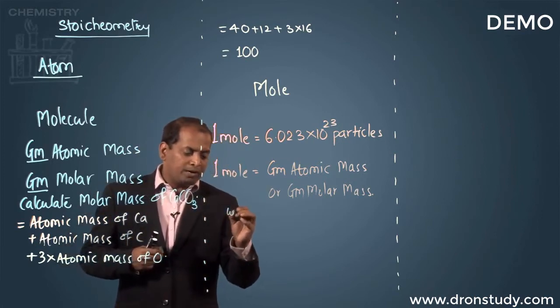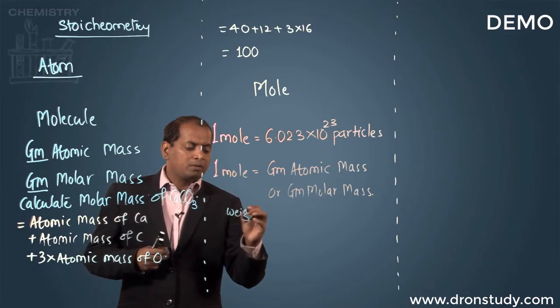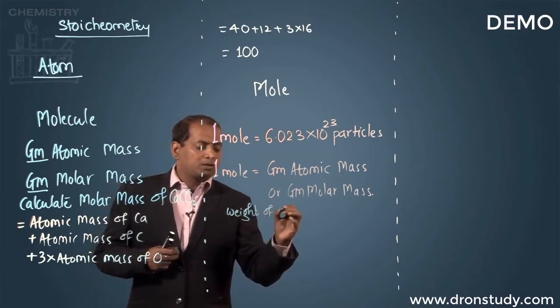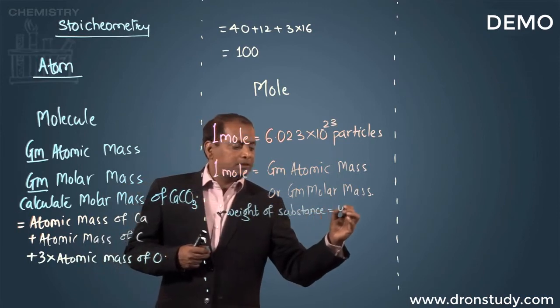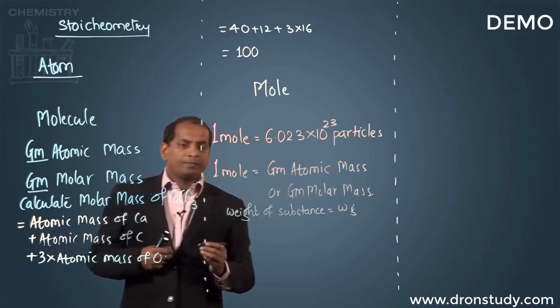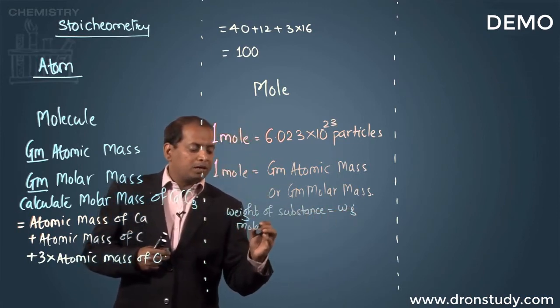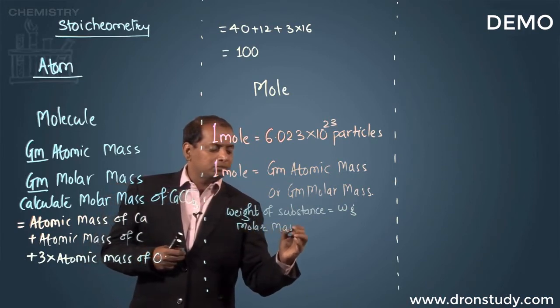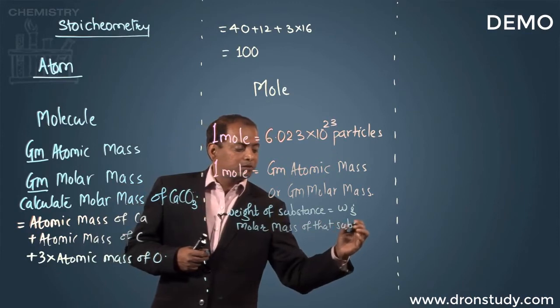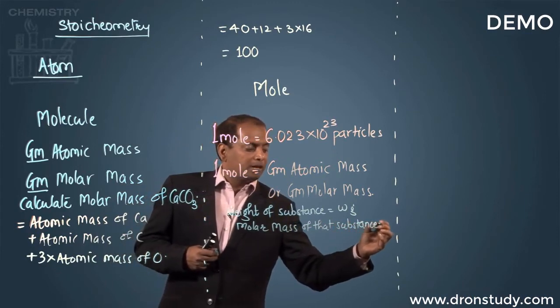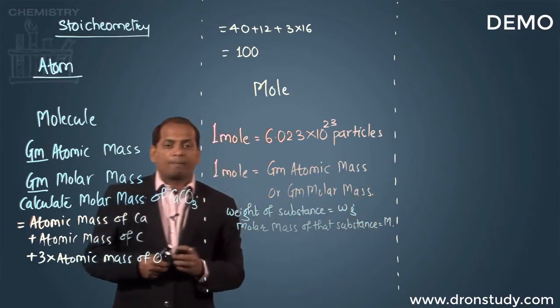So the weight of the substance is W grams. Then the molar mass of that substance is equal to M.